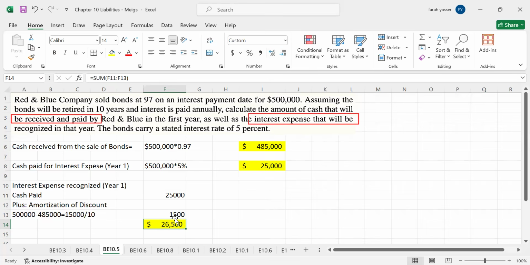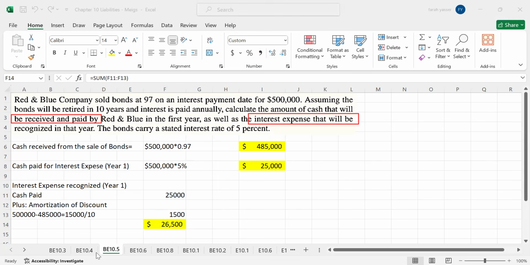When the company prepares the income statement, it will amortize the discount of the bond, and that discount will be added to the interest expense to get the amount recognized in the income statement. So this 26,500 will be presented in the income statement, whereas the actual cash payment to the bondholders is 25,000.